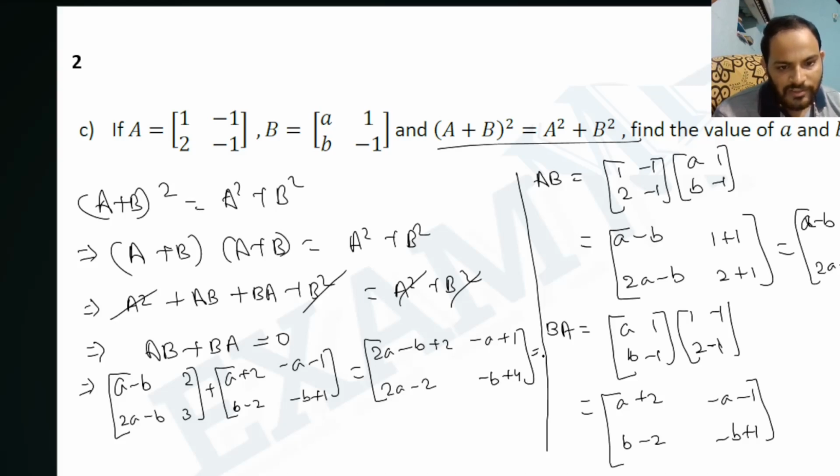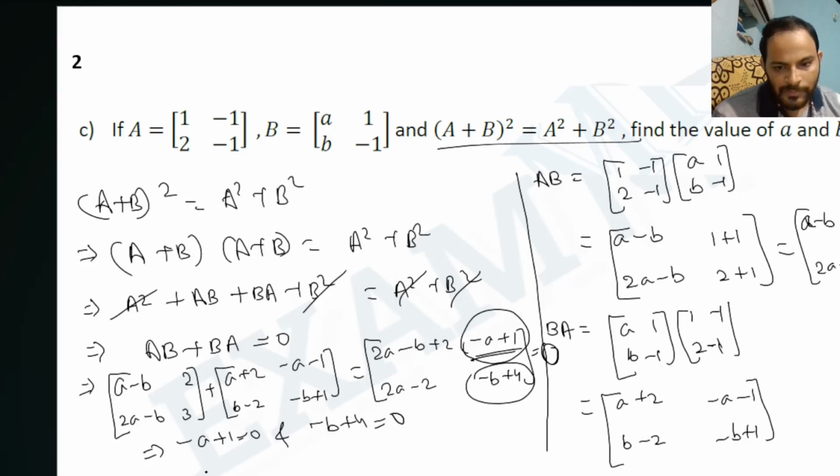Now this must be 0. That means a zero matrix, so each element must be 0. So we just need to solve any two equations. If I solve this and this, that means minus A plus 1 is 0 and minus B plus 4 is also 0, and this gives me A is 1 and B is 4.